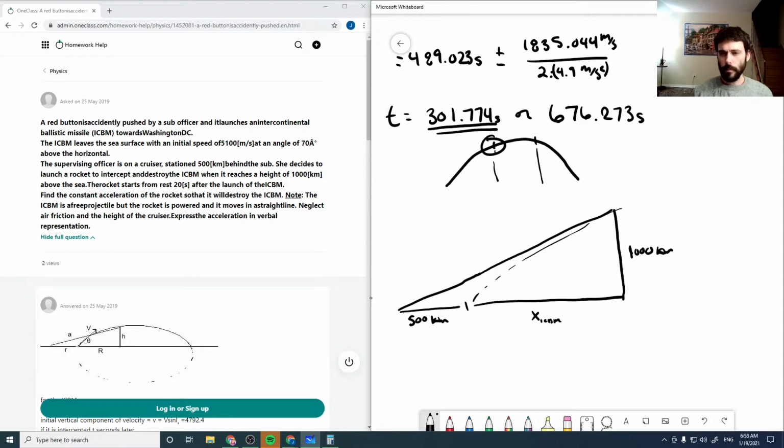Okay, so there's our ICBM motion there. We need to still solve for our x for our ICBM.